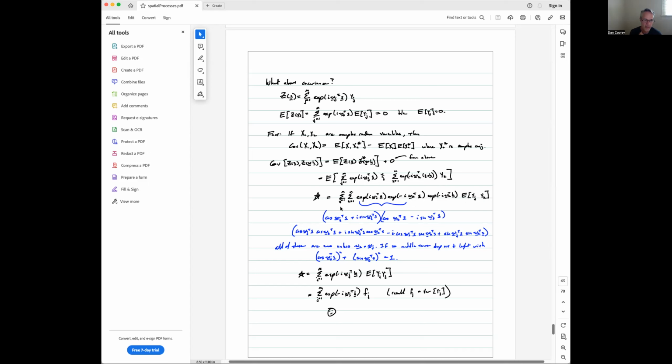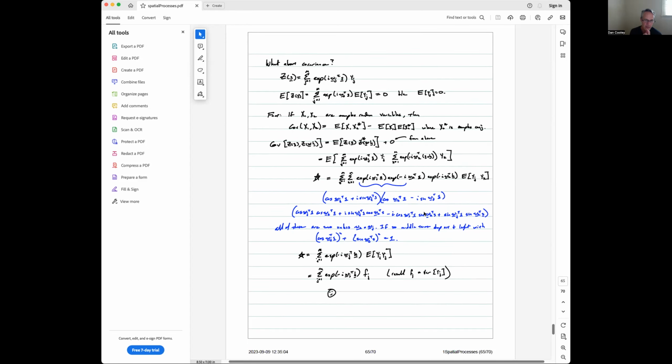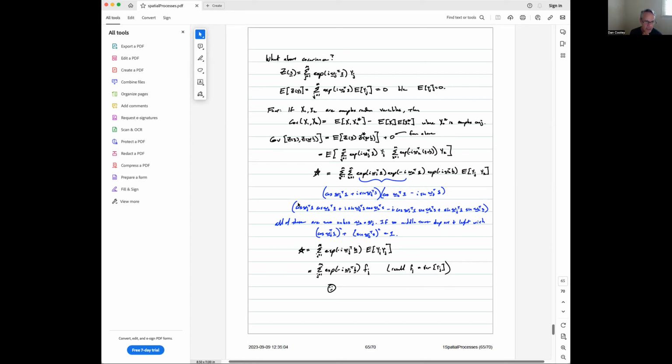So what I'm going to do then is look at this part and write it down in terms of its cosines and sines. So I have cosine stuff plus i sine stuff, and I've got cosine stuff minus i sine stuff. I expand that out, just doing my usual foiling. I've got cosine, cosine. I've got a plus i sine cosine. I've got a minus i cosine sine, and I've got a sine times sine here.